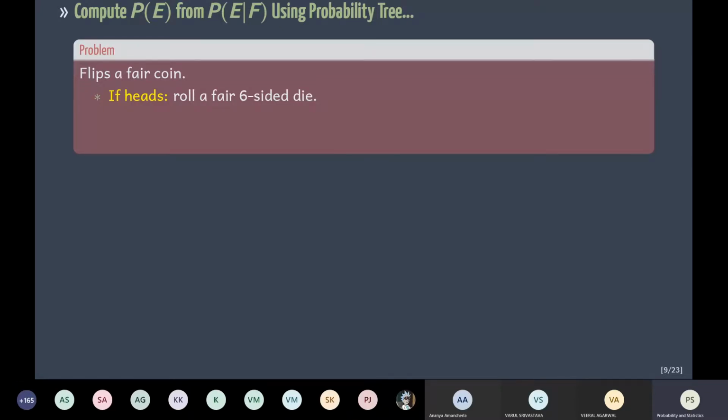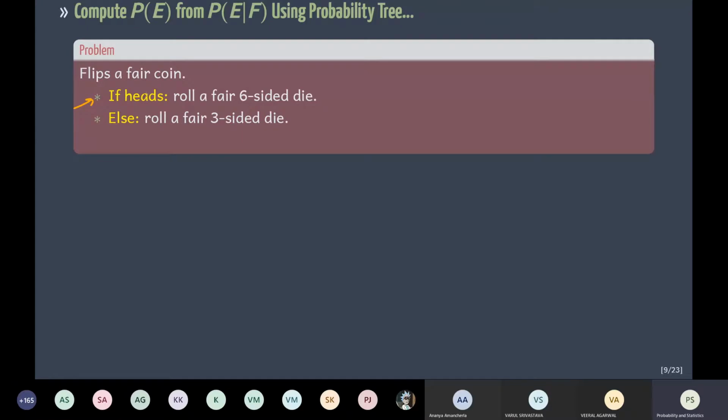Flip a fair coin. If heads, roll a fair 6-sided die. Else, roll a fair 3-sided die. Okay, so there is some branching happening here.